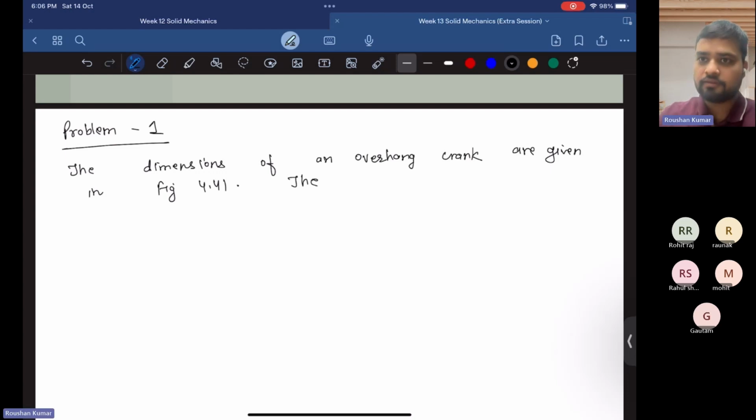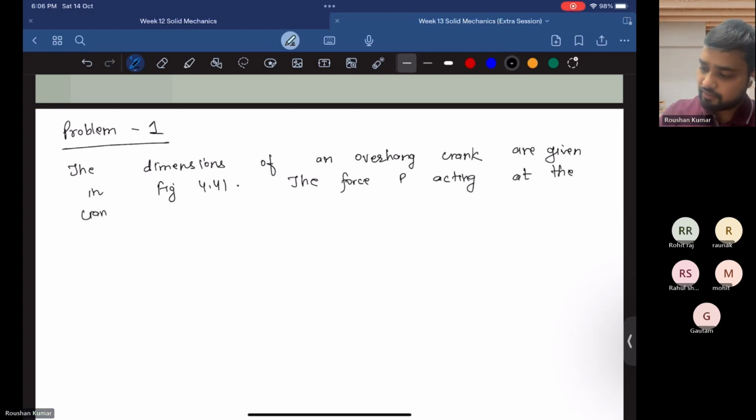The force P acting at the crank pin is 1 kilonewton. Sorry, this is already shown in the figure, so I just write the figure.